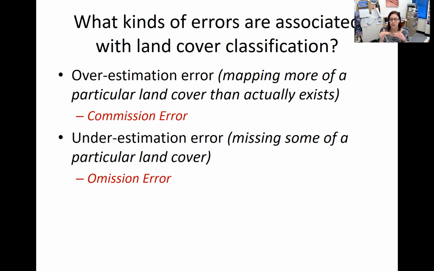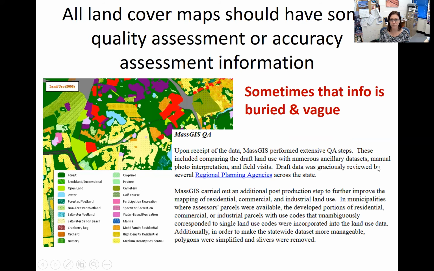Both of those two types of errors together, essentially the average of your omission and commission errors, gives you your overall map accuracy. So if somebody says a map is 70% accurate, it's a combination of both of these things. There's some overestimation of some land cover classes, and some underestimation of other land cover classes.